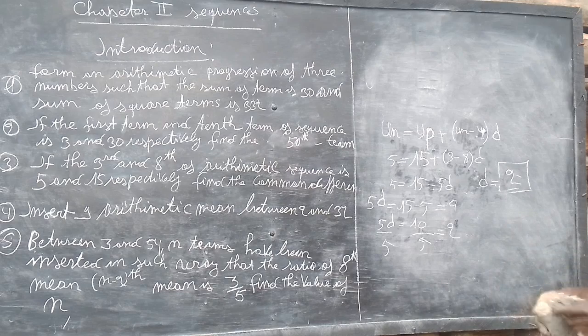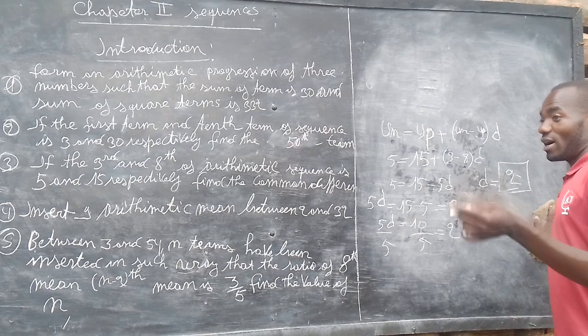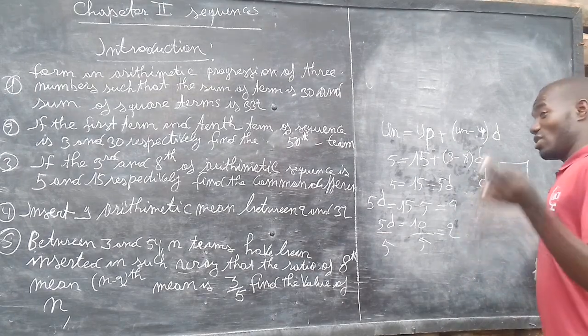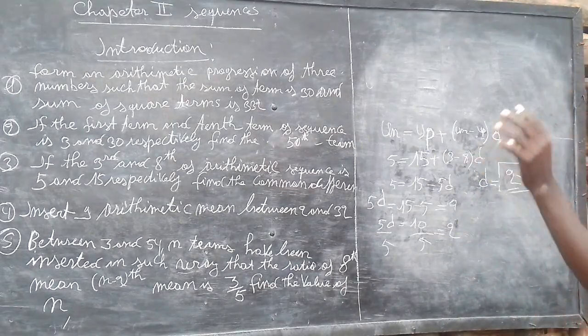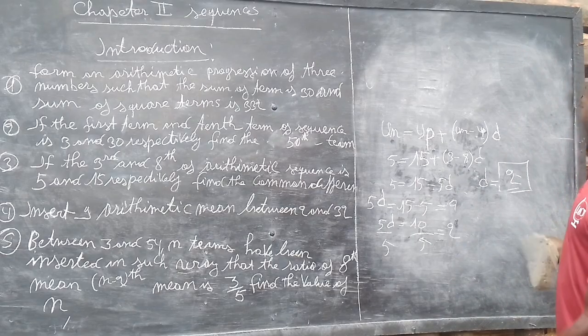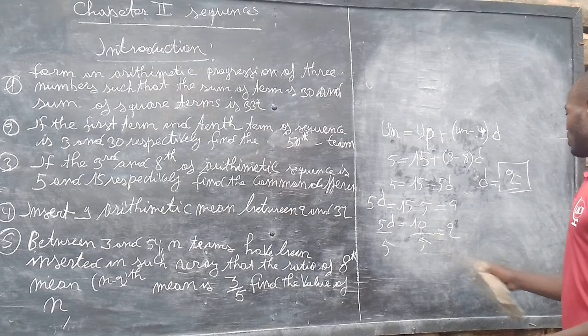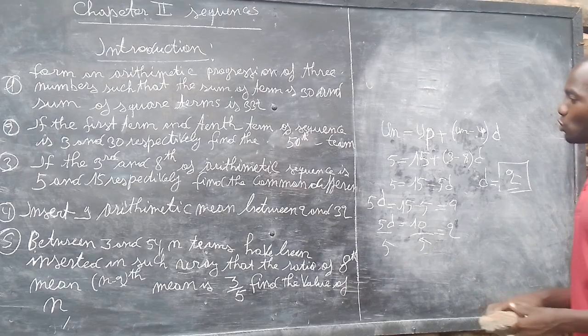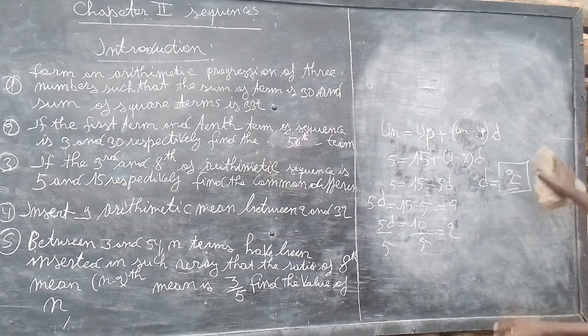It is the easiest one. What is essential is your consistency. Those are the things which will govern you in learning mathematics or physics or other subjects. So this is the final answer: our d is equal to 2.